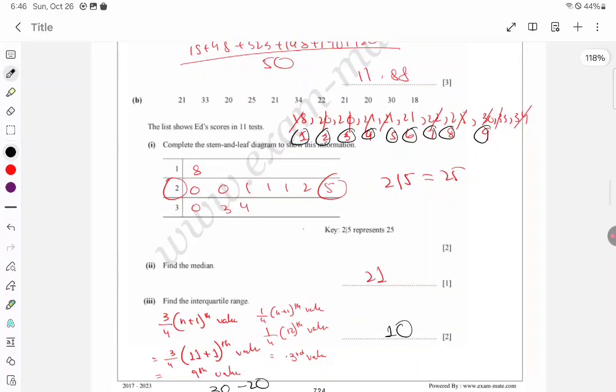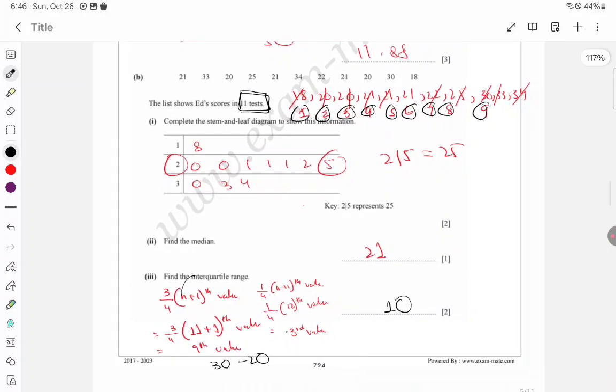And we use the 11 because the list shows the scores in 11 tests. So we can consider this our total number. And when the total is given, we can calculate it simply with the help of the formula for the higher quartile and for the lower quartile.